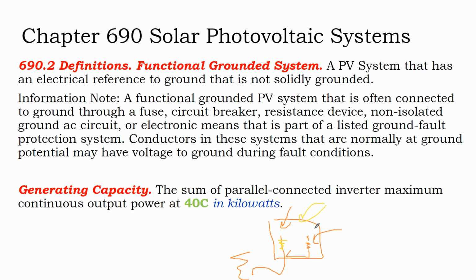This is called floating, where the positive side and the negative side are a 12-volt difference with reference to each other, but there's not a solidly grounded connection that brings one of these two sides down to 0. So there's no grounded reference point.